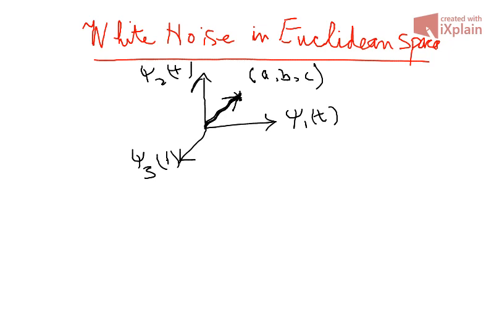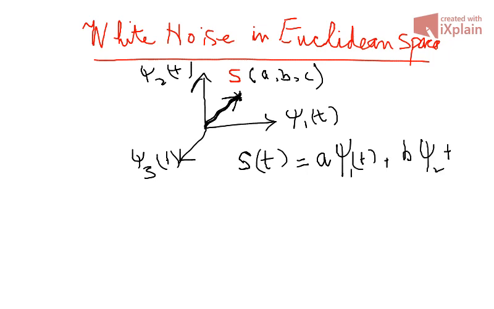So any signal s of t, suppose this is the vector for s of t, or I would say these coordinates are for signal s. Any vector s of t can be represented as a linear combination: a times psi 1 of t plus b times psi 2 of t plus c times psi 3 of t.